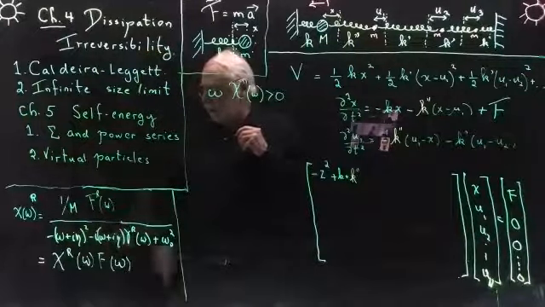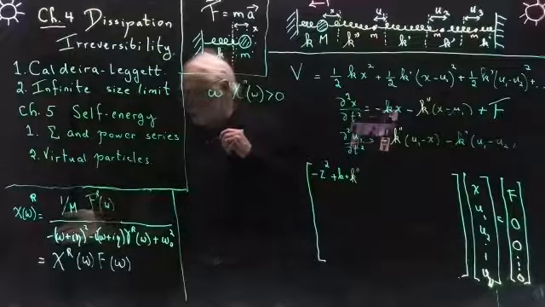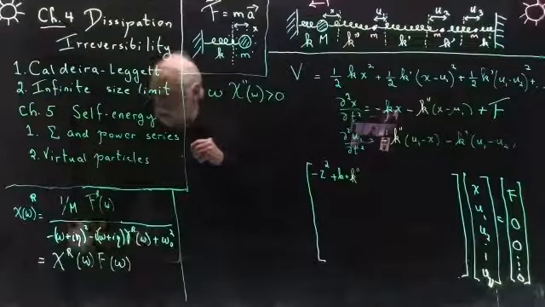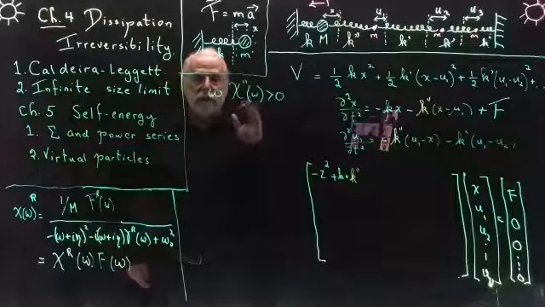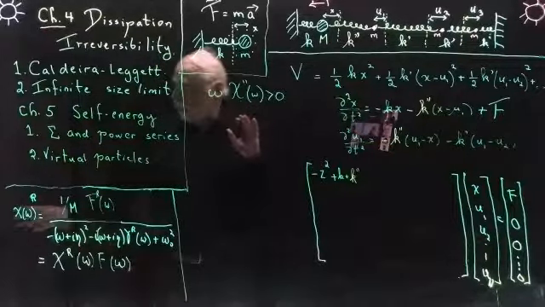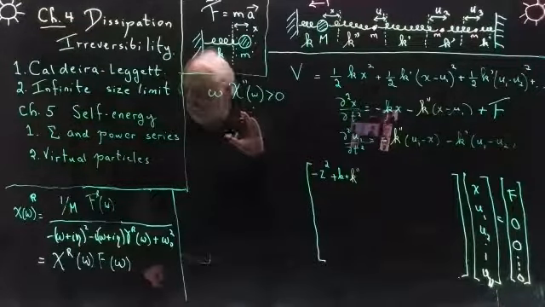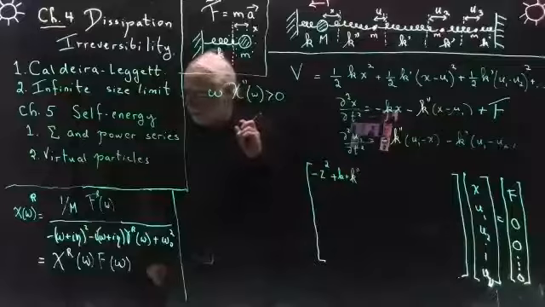So if the force goes to 0, then you can have a response with a 0 force because you have poles here. This will come back very often also, that poles of this response function are collective modes. They are related to response.